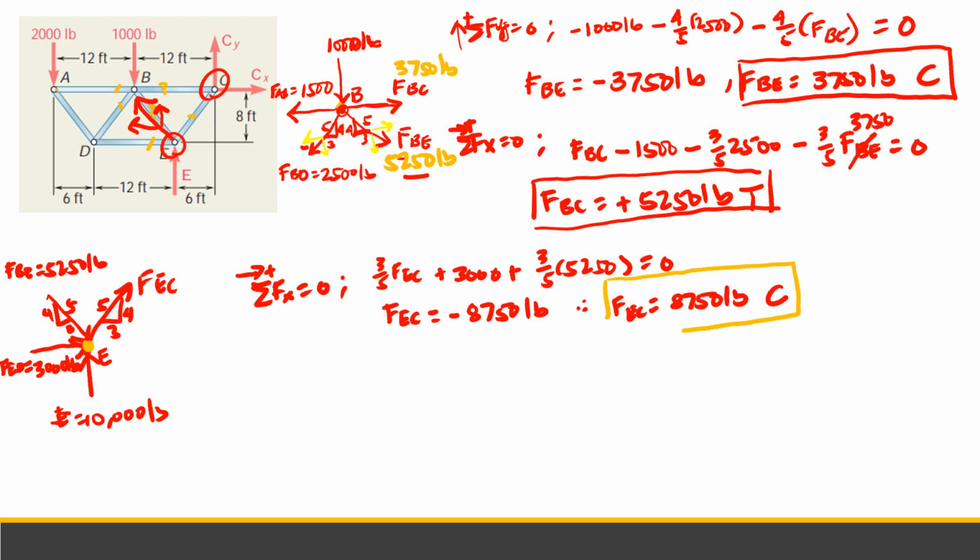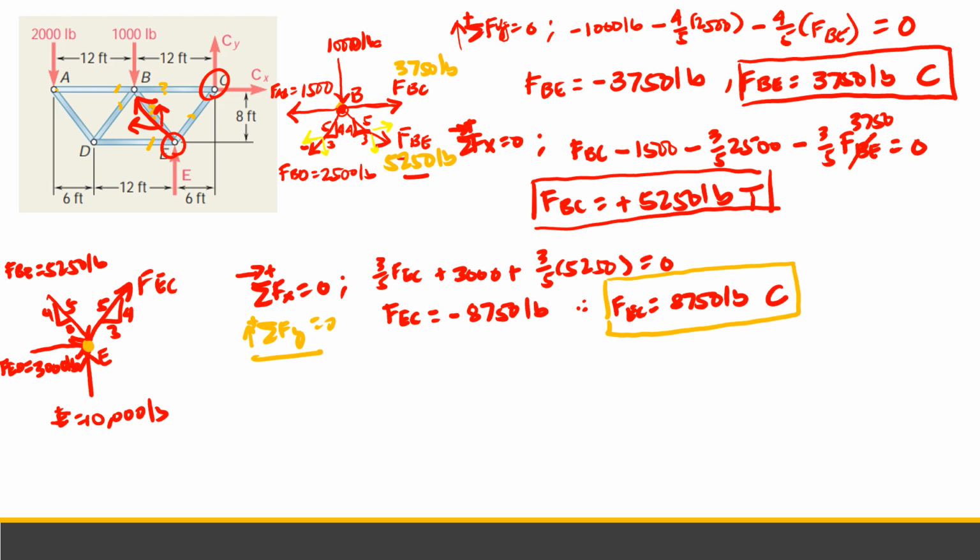So we can check. You can pause the video first, then try solving FEC using summation of forces along y, with upward force as positive, equals 0. So try to solve it. We will come up with the same result of 8,750 pounds in compression for our EC.